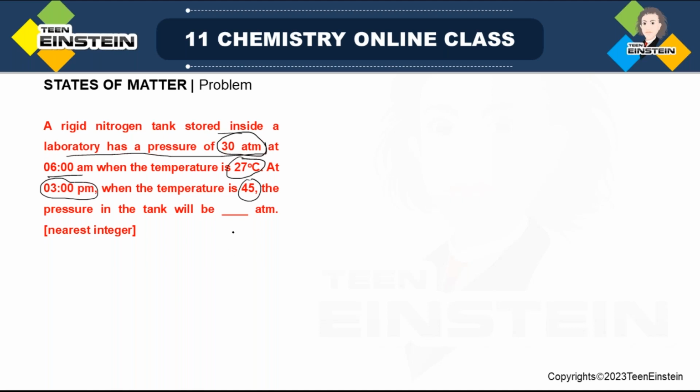So you have to find the pressure in this tank. So basically here P1 is given, then T1 is given, P2 you do not know, T2 is also given, right? So very simple. T1 is 27, T2 is 45, P1 is 30 atmosphere, and P2 we do not know, that you have to find in atmosphere.